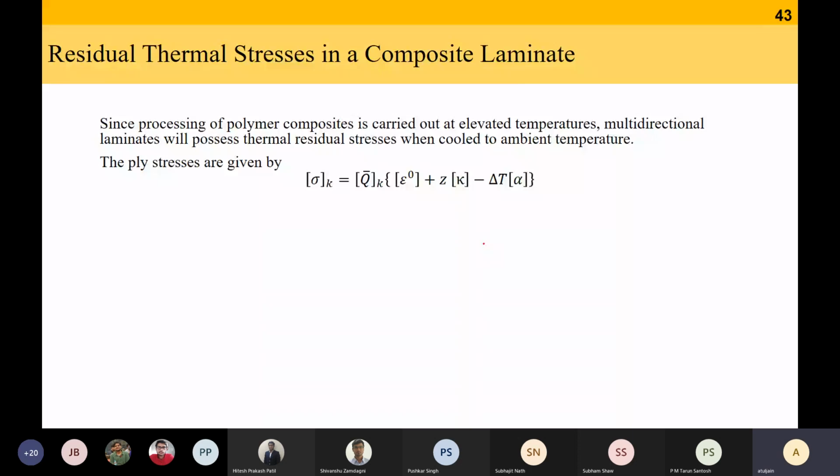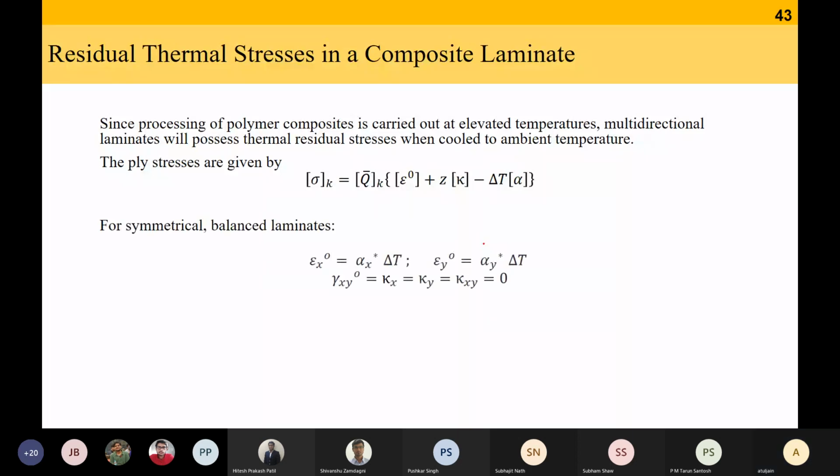Okay. The ply stress is given by something like this, where sigma k is Q times epsilon naught plus z times curvature minus delta T times alpha. For symmetric balanced laminates, I have shown that epsilon naught x is equal to alpha x delta T and epsilon naught y is alpha y delta T. The curvatures, etc., are going to be 0 due to temperature loading.